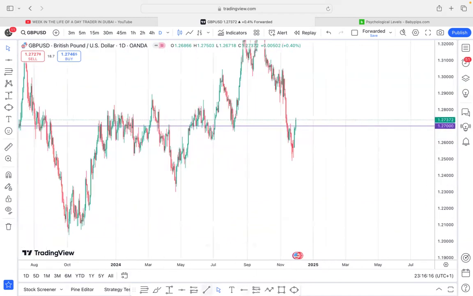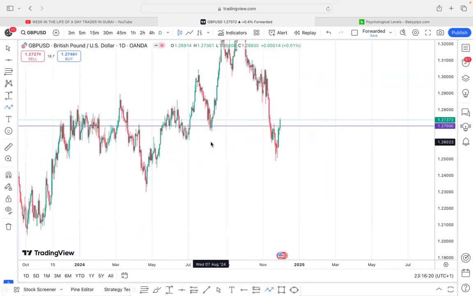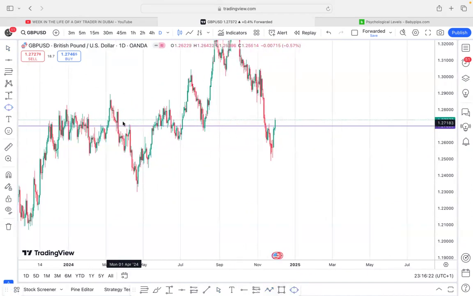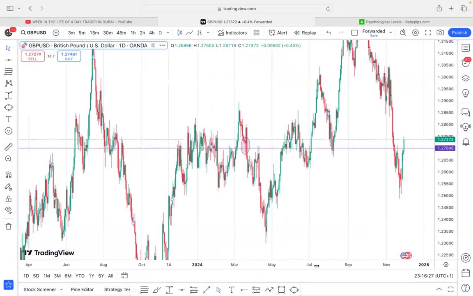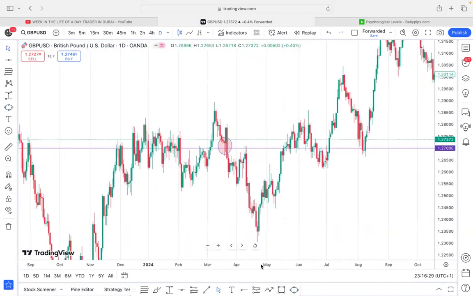What can we see when price got to this psychological level? Price bounced off it. You can see so many reactions right there. Let me zoom in. Look at this zone. When price got there, it rejected. Price came back again and tested it, and it sold off.